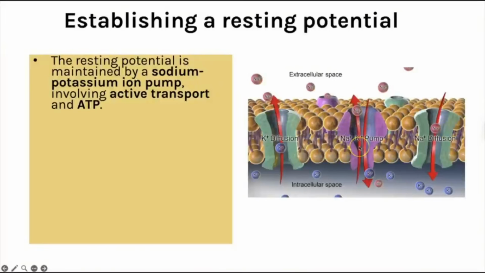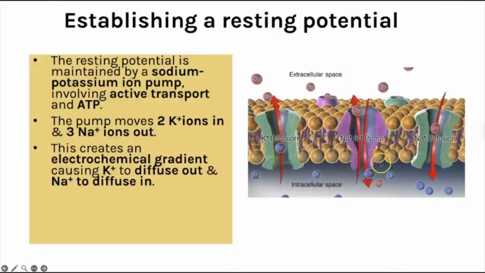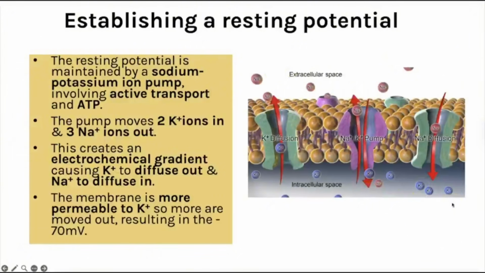So this co-transporter pump, we have 2 potassium ions being pumped in and 3 sodium ions being pumped out by active transport. That creates an electrochemical gradient. So we end up with more potassium ions inside of the cell and more sodium ions outside of the cell. Because we have this electrochemical gradient, those ions can then move down their concentration gradient.